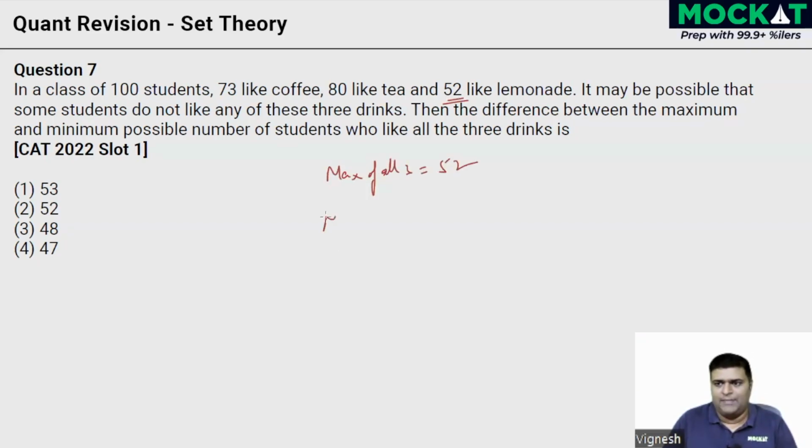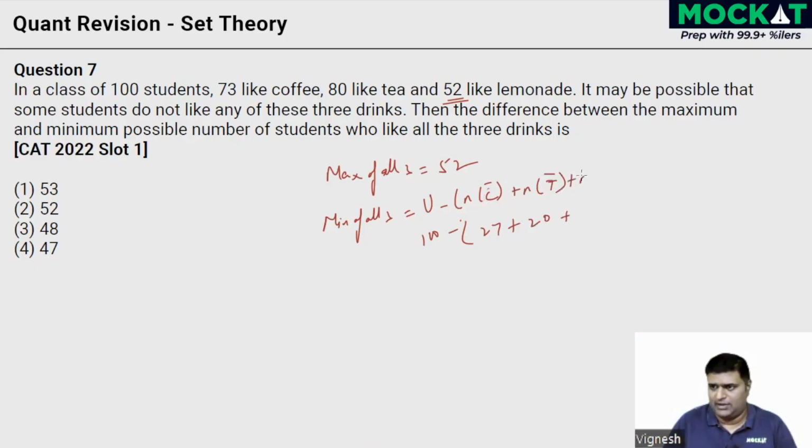The min over here of all three, those belonging to all three sets, is going to be the universe, which is 100 minus n of a bar, right? The first one, those not liking coffee. So let's call it C bar, right? Those not liking coffee is going to be 27 plus those not liking tea is going to be 20.